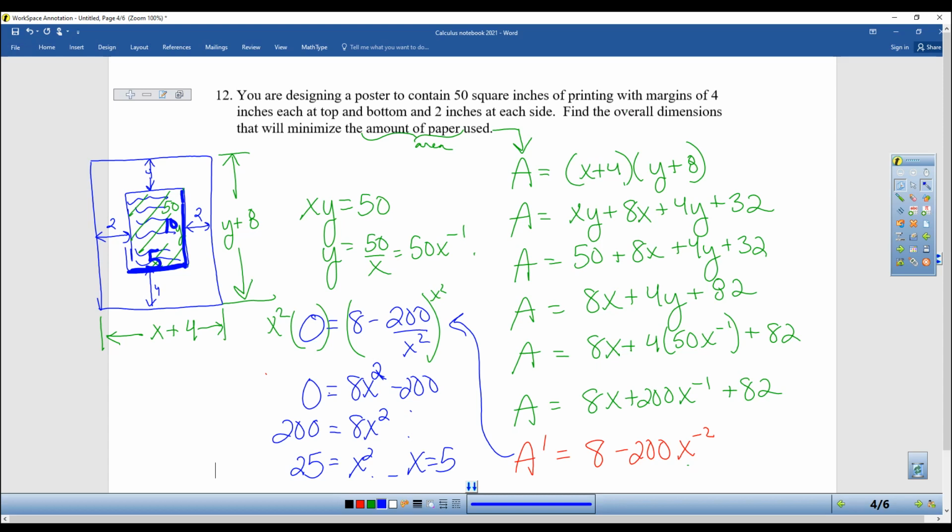And when you see something like this on a quiz or a test, the answer is not 5 by 10. The overall dimensions will be 5 plus 4, 9 by, and then this is going to be 10 plus 8. It's 9 by 18. So it's 9 by 18 inches.